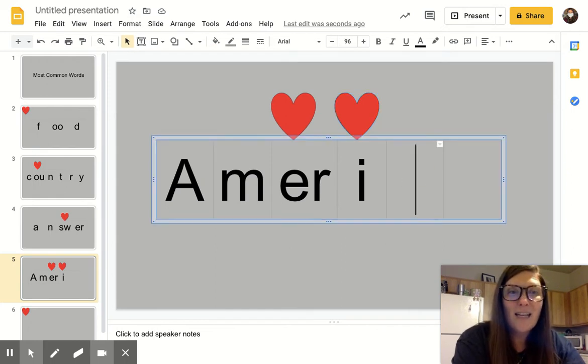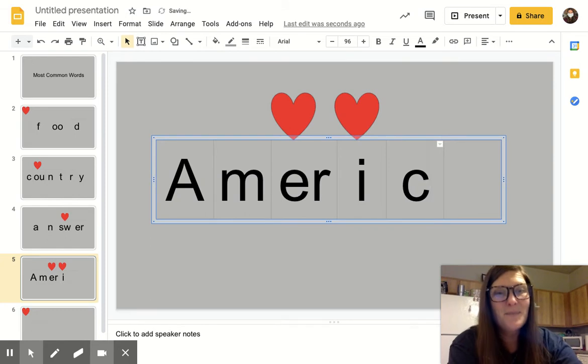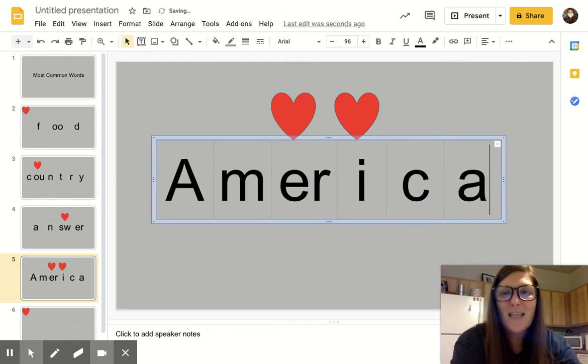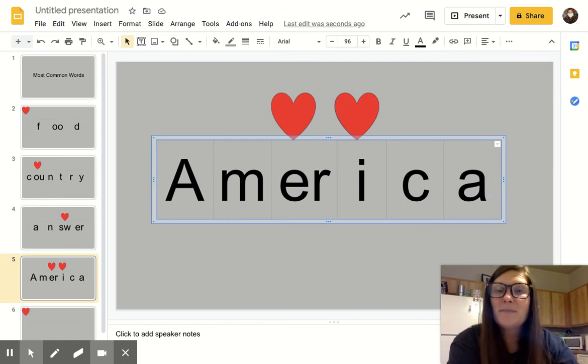The K sound is represented by the C, and the sound is the schwa again. And in this word, that's spelled normally with an A. I put 2 hearts in this word. You might only put 1 heart.